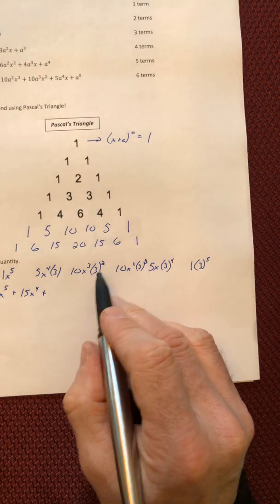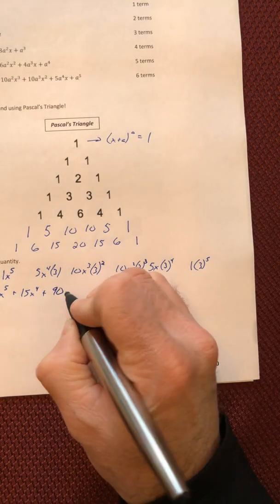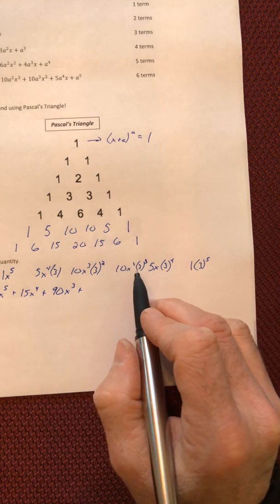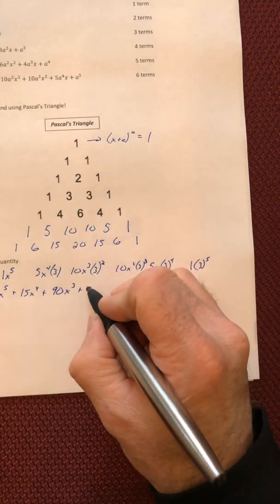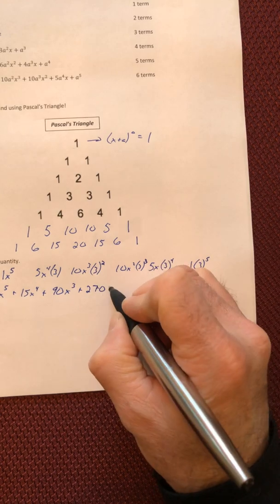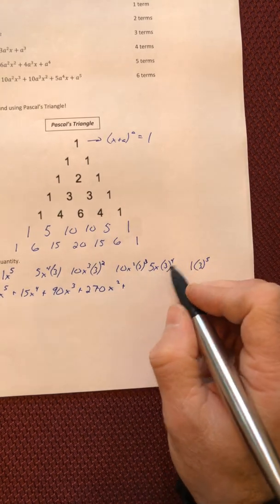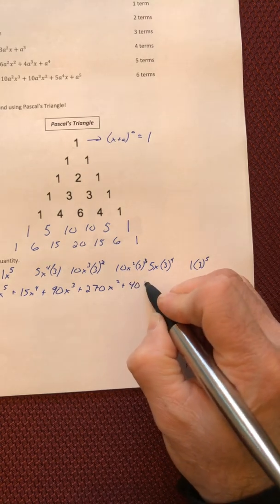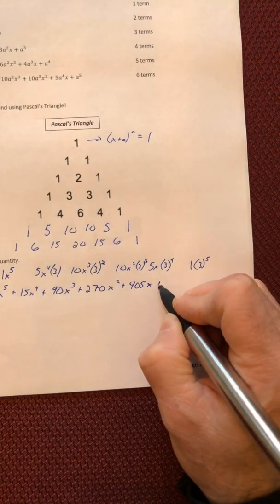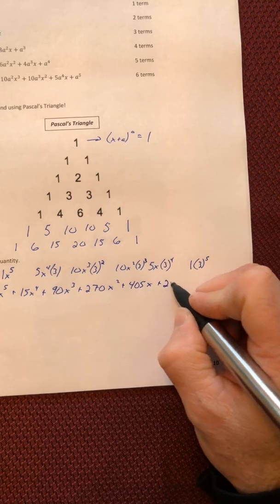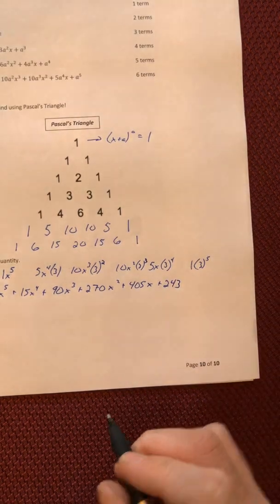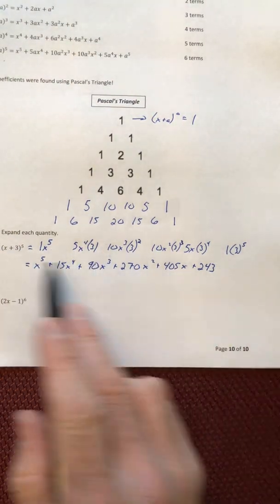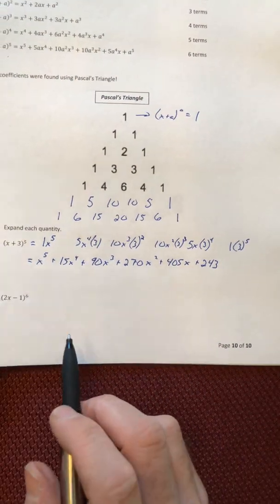Then we have 3 squared times 10, or 90. 3 to the third, 27 times 10, 270. 3 to the fourth, 81 times 5, 405. And 3 to the fifth, 243. That's a lot faster than trying to write this out 5 different times and FOILing each set.